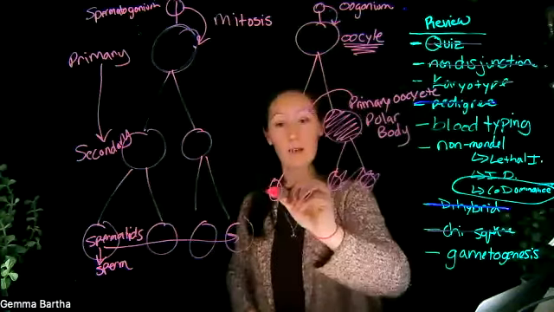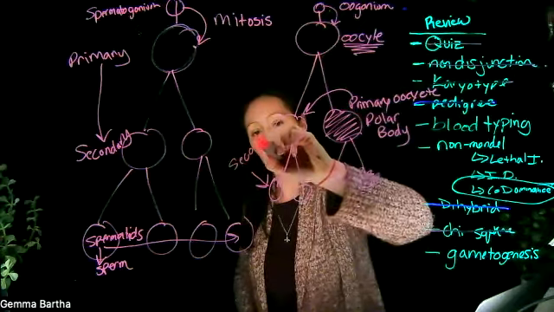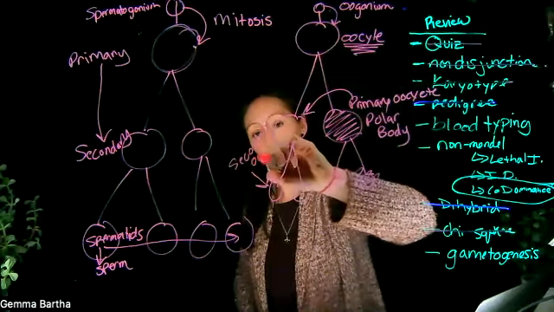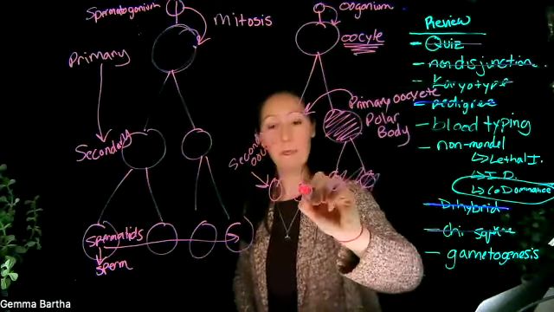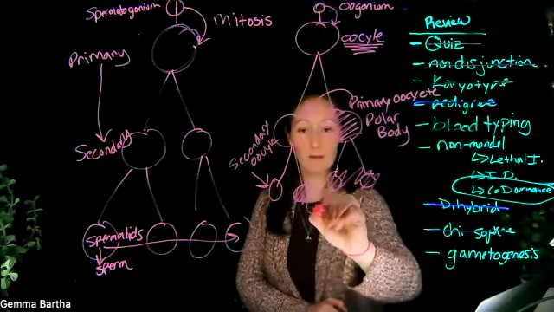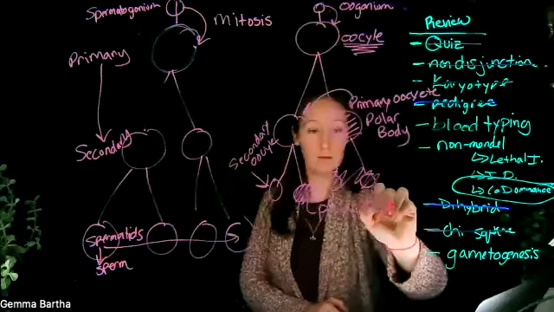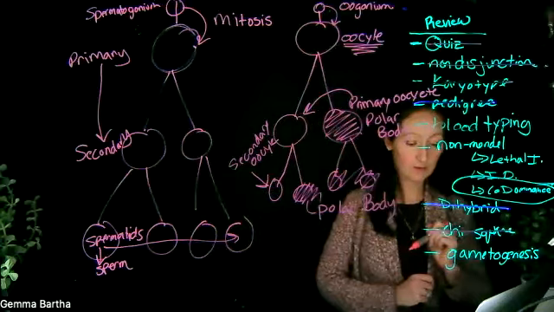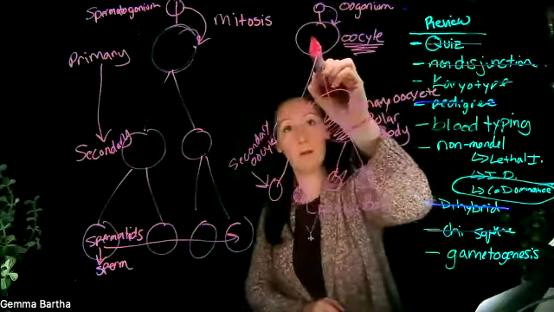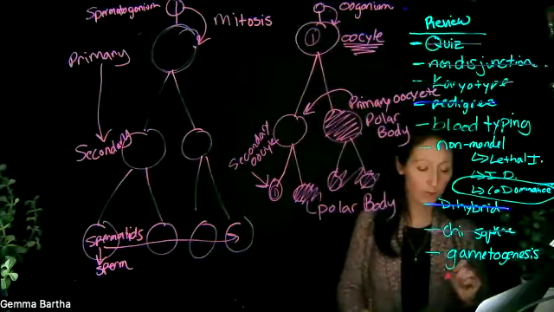This here is your secondary oocyte. This would be your second polar body, and that dissolves. So you go from 1 and you end with 1.